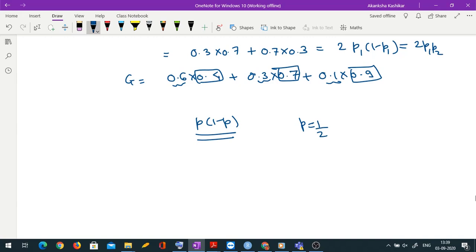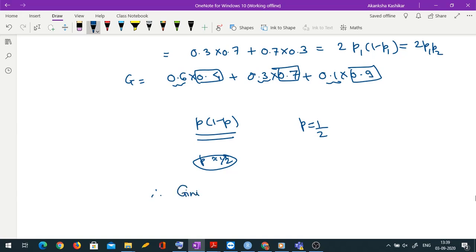So if the majority of the p's are near half, then you get the Gini index to be maximum. p near half means your class is not at all pure. It's a very fuzzy or hazy kind of classification, because you have almost equal proportions. Therefore Gini index is also like an error.